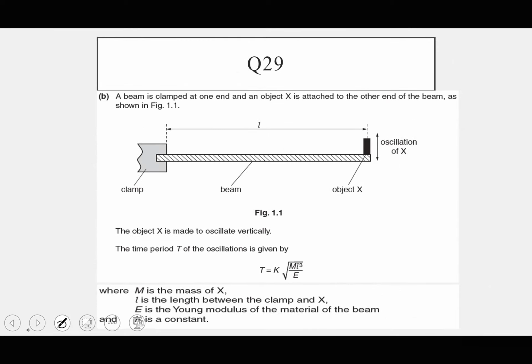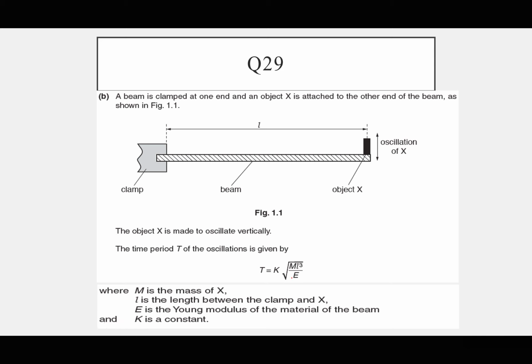Next, the beam is clamped at one end and an object X is attached to the other end of the beam as shown. The object is measured to oscillate vertically. The time period T of the oscillation is given by that.